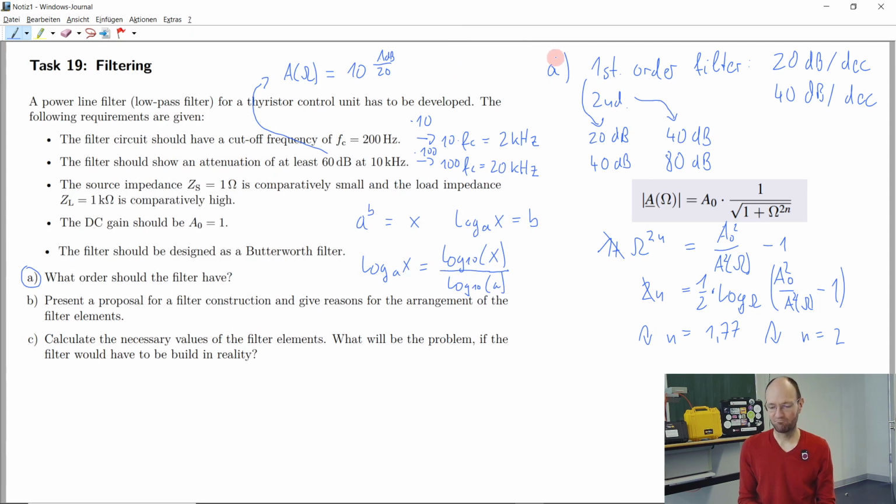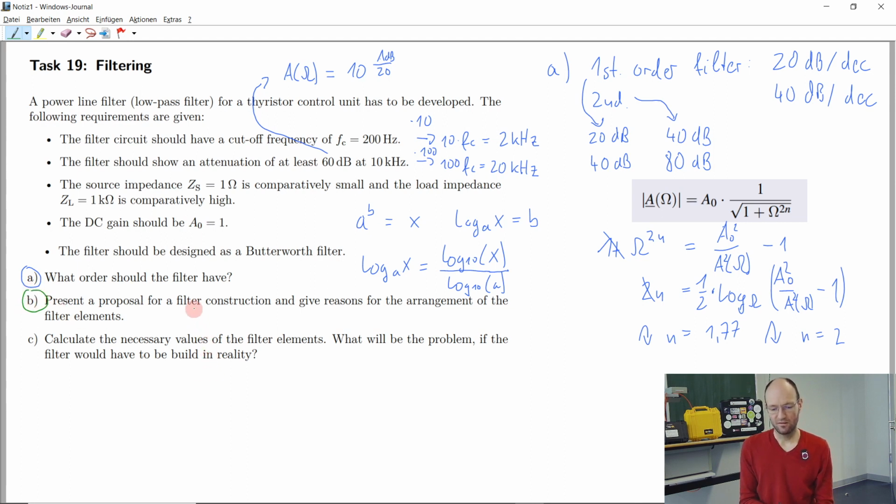Okay, with this, I think we have successfully finished task A. Which questions do you have related to this? No questions, okay. So then we can continue with task B, and I will take a different color.